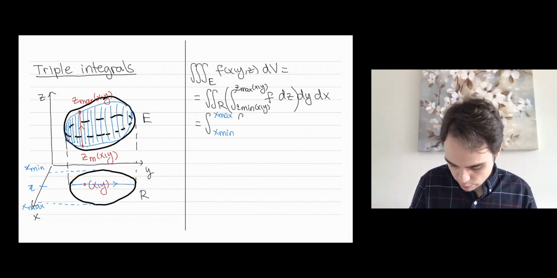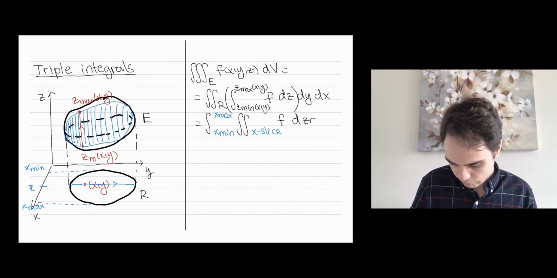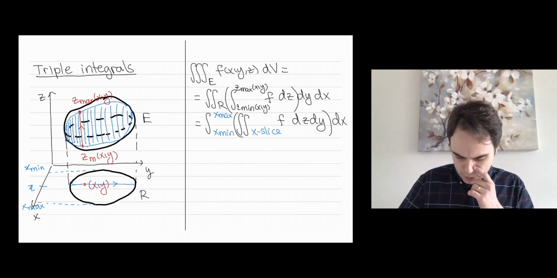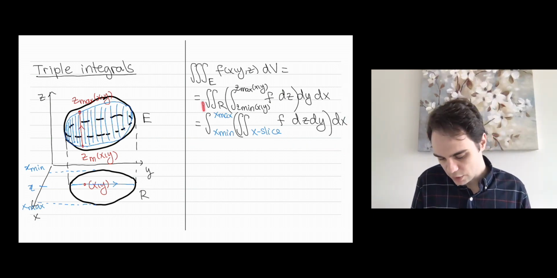And then you do a double integral over the x slice, in blue, of f. Over the x slice, the coordinates are y and z, dx.